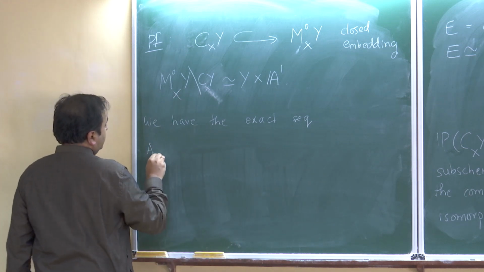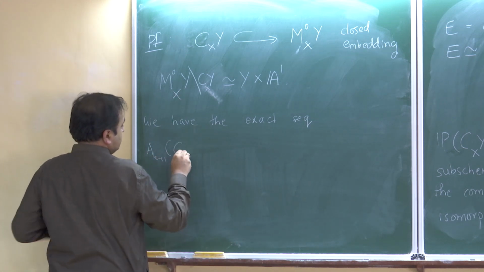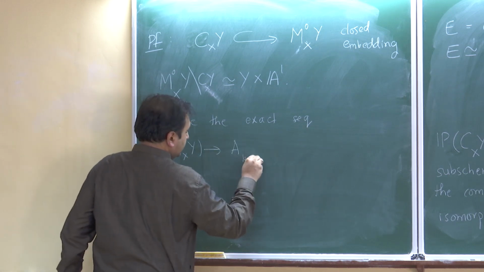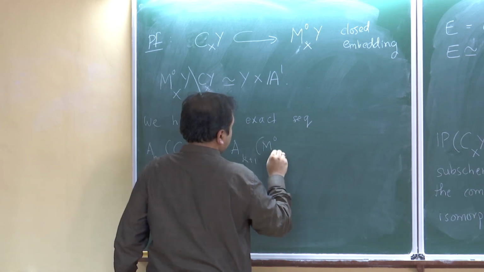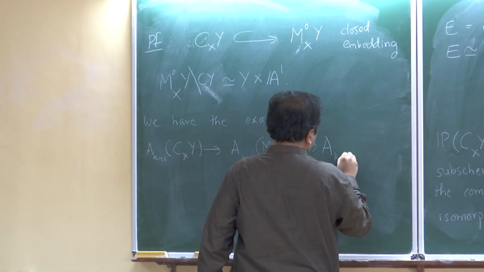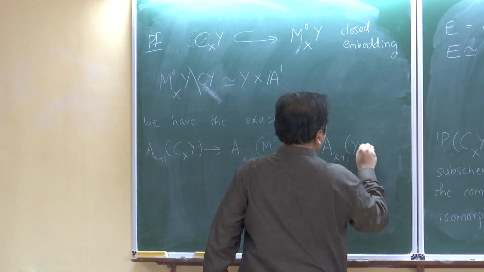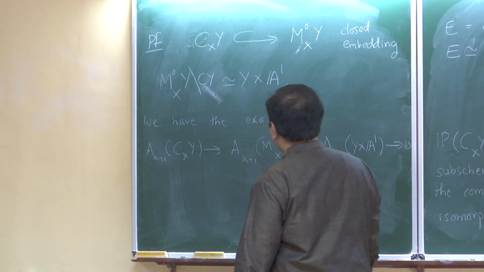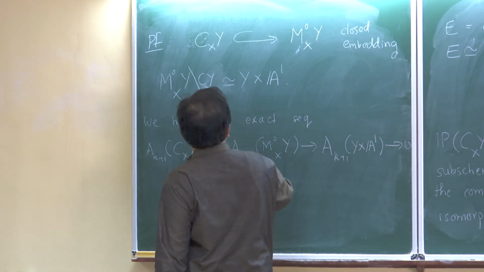A_{k+1} of C_XY to A_{k+1} of M_0 XY. Okay, and now, what are these maps?